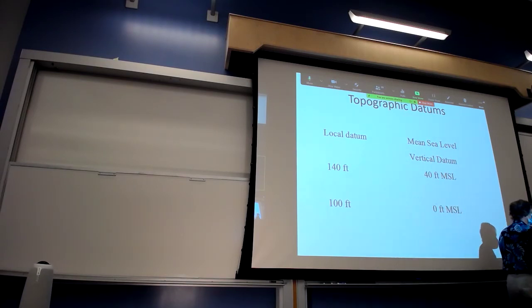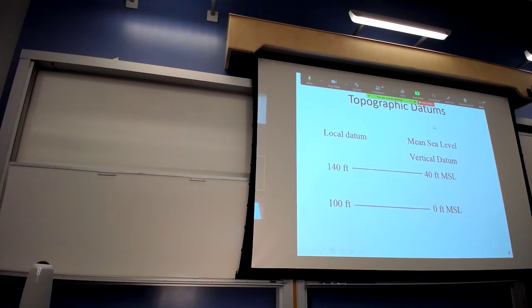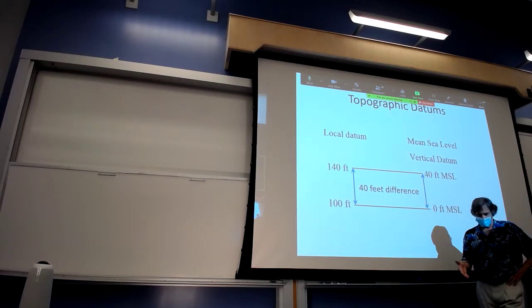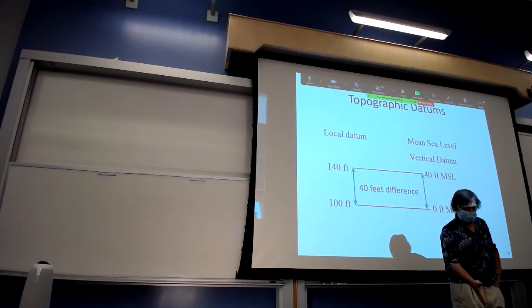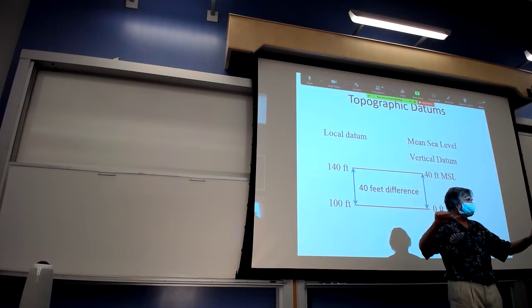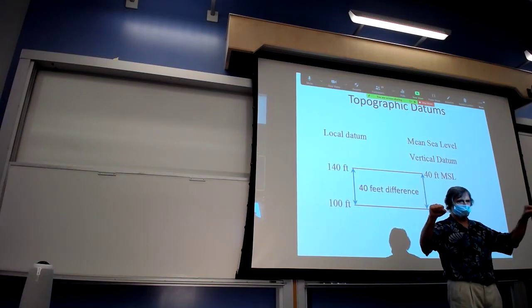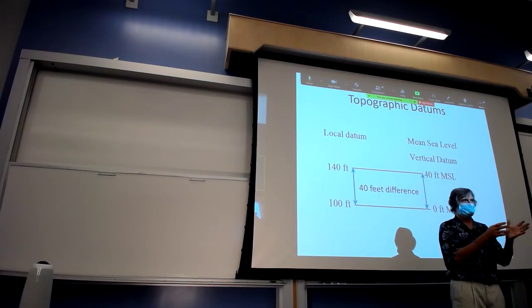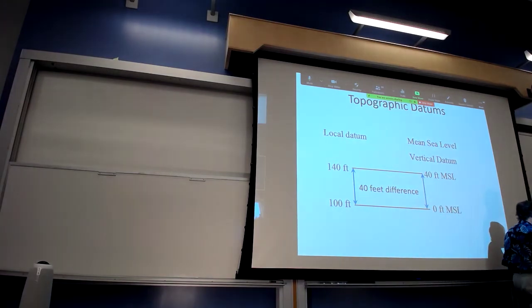So again, just as we have elevation datums, in which we can convert or go between the local datum and the datum set to mean sea level, vertical datum. If we had called this datum 0, when in fact it was really 100, we know that there's a conversion, 100 feet between the absolute datum and the local.